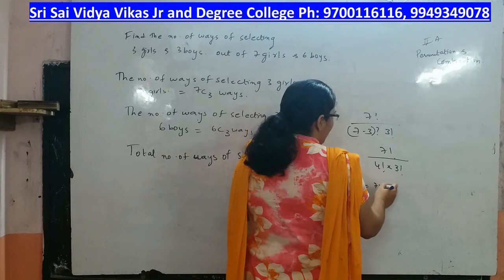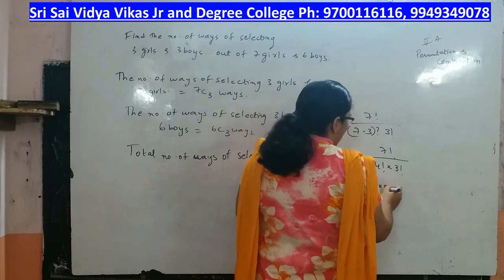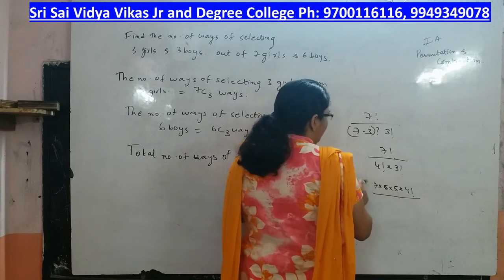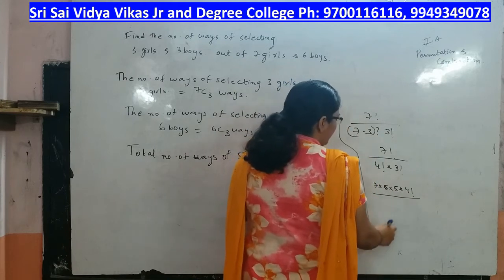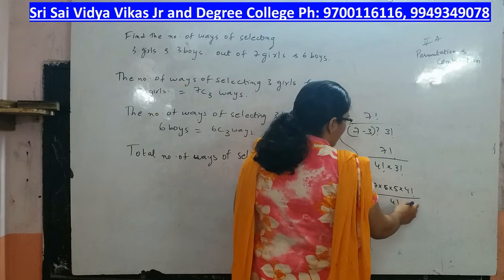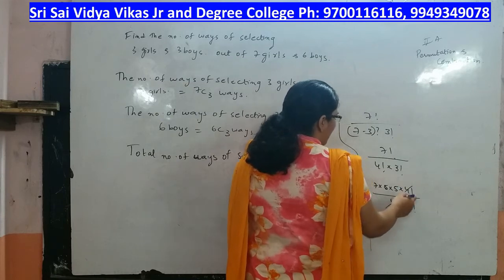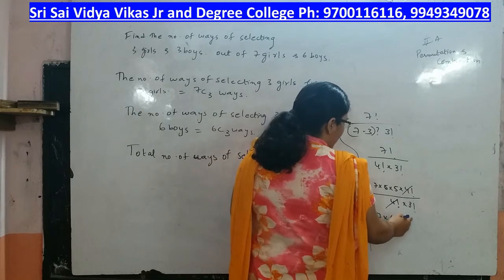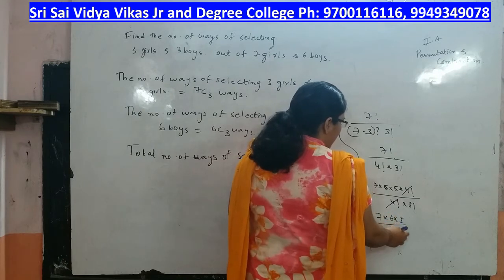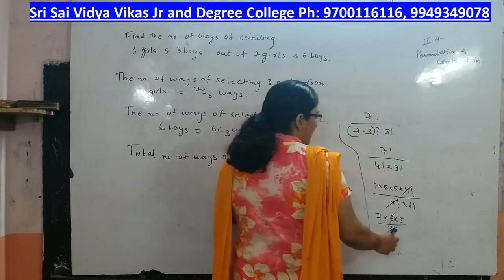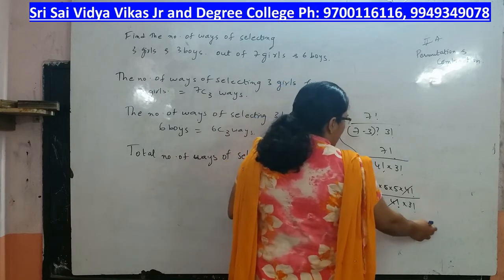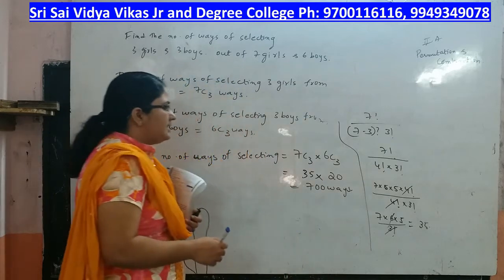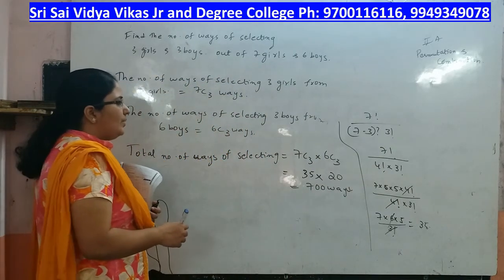So 7 into 6 into 5 into 4 factorial by 4 factorial into 3 factorial. 4 factorial cancels. 7 into 6 into 5 by 3 factorial. 3 factorial is 6 and this gets cancelled. So you have 7 into 5, which is 35. Similarly, you can calculate 6C3, you get 20.